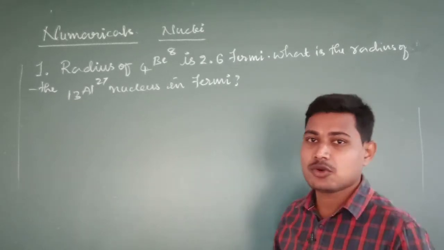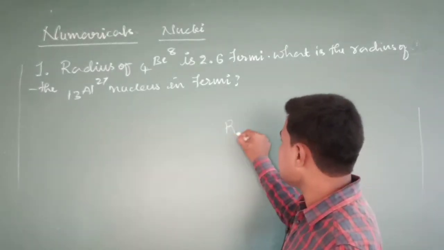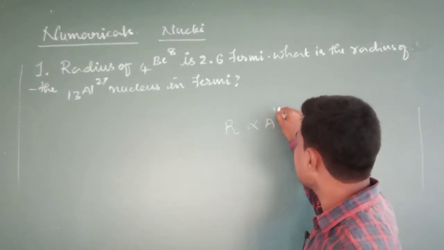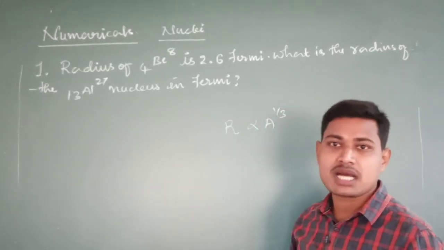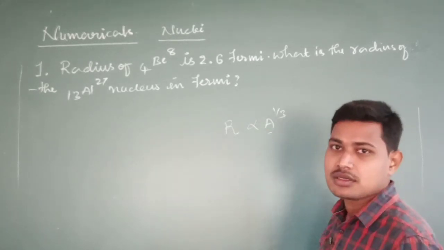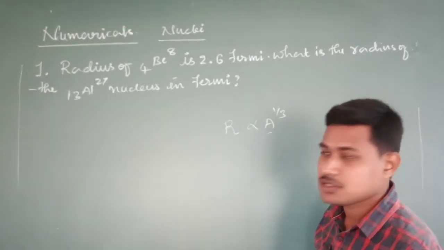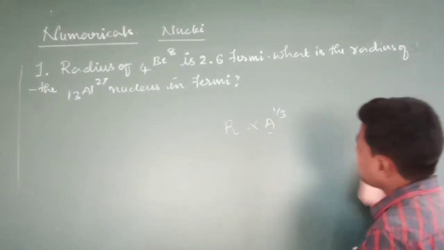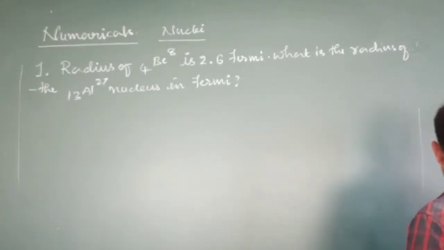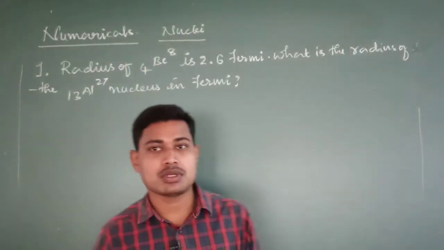We already know that the size or radius of the nucleus is proportional to the cube root of the mass number. So by making use of this condition, we shall look at the solution of this problem.